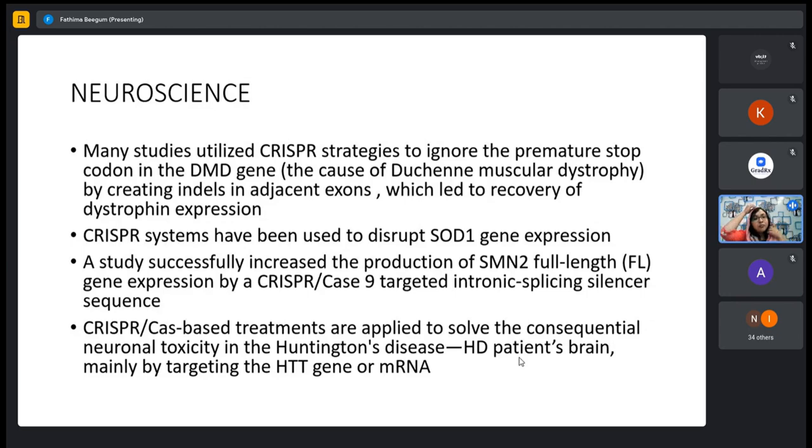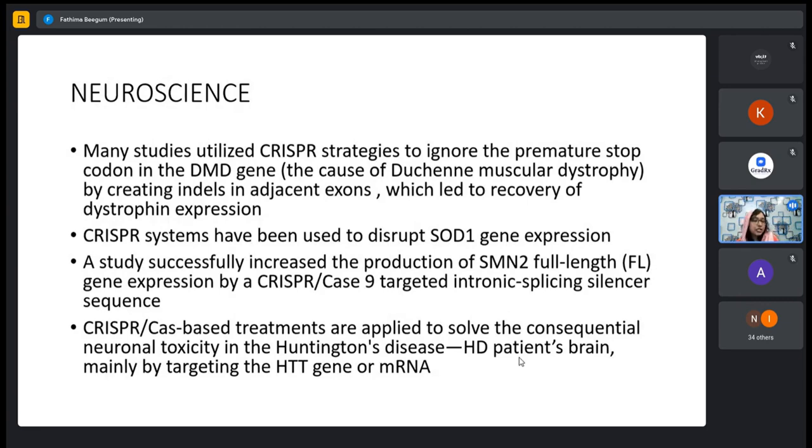In neuroscience also, so much research is going on, that is in the DMD gene, that is the dystrophin gene, which is there in muscular dystrophy condition. Studies have been conducted to modulate or to edit the dystrophin expression. Then studies also have been conducted to modulate SOD1 gene expression, thereby using CRISPR technology, amyotrophic lateral sclerosis can be controlled.